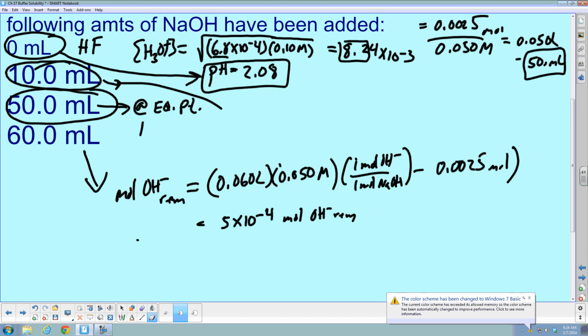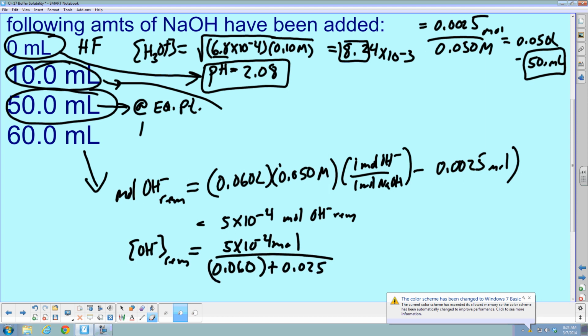Good. Then we want to get the concentration of hydroxide remaining, which will be equal to 5 times 10 to the minus 4th moles divided by my total volume, 0.060 plus 0.025. So 5 times 10 to the minus 4th divided by the quantity 0.060 plus 0.025, and I get something like 5.88 times 10 to the minus 3rd.